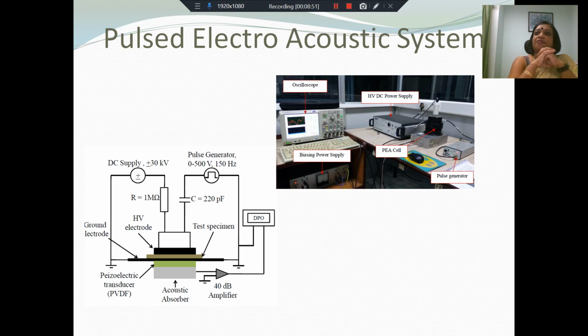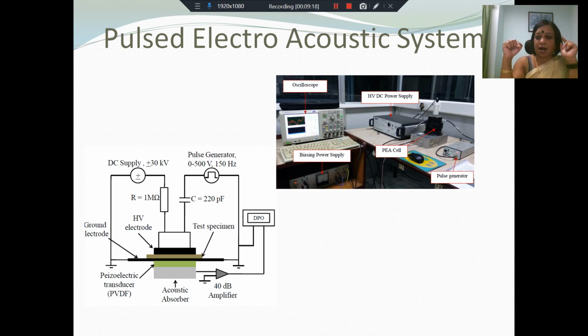Now, there are actually various techniques for space charge measurement. We are going to talk about only this particular system, the pulsed electroacoustic system, where the acoustic wave is generated due to the presence of space charge. This acoustic wave is collected by the piezoelectric sensor and converted into a voltage wave. This voltage wave carries time domain information about the space charge.